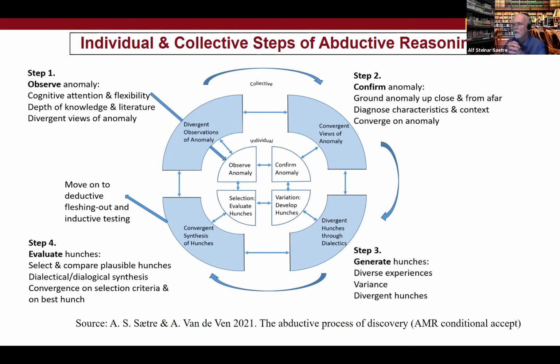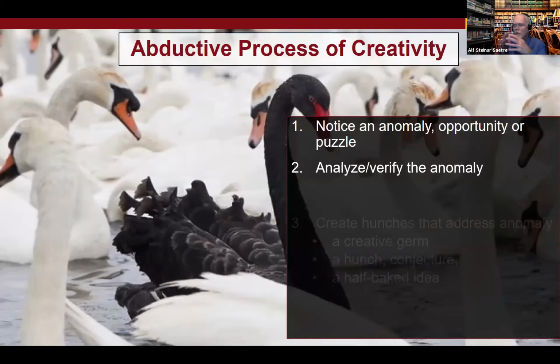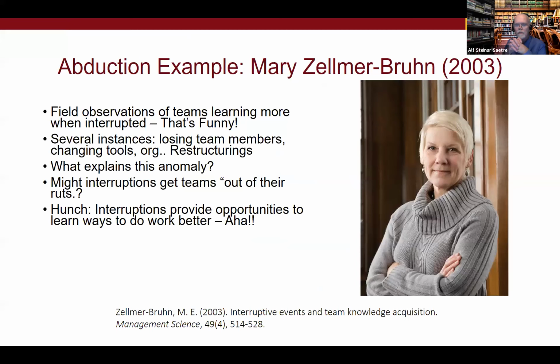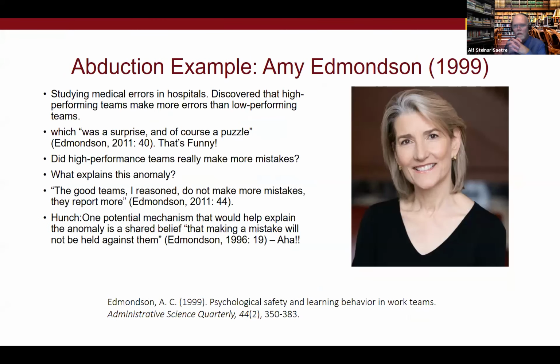I think we should not confuse the importance of the anomaly with the importance of the explanation. Think back to the example we used. Andy, if you want to go back to the Amy slide 8. What she discovered was that the more successful medical teams reported more errors.